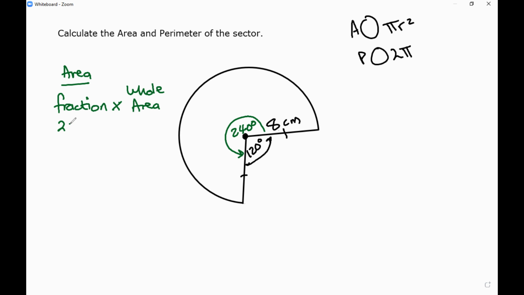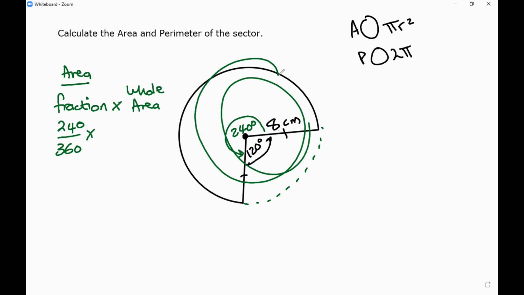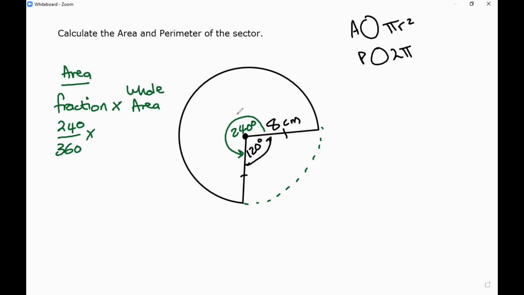So we take 240 divided by 360. Now that we have that fraction, we need the area of the whole circle. If it was a whole circle, what would the entire area be? The whole circle would be pi r squared, right?